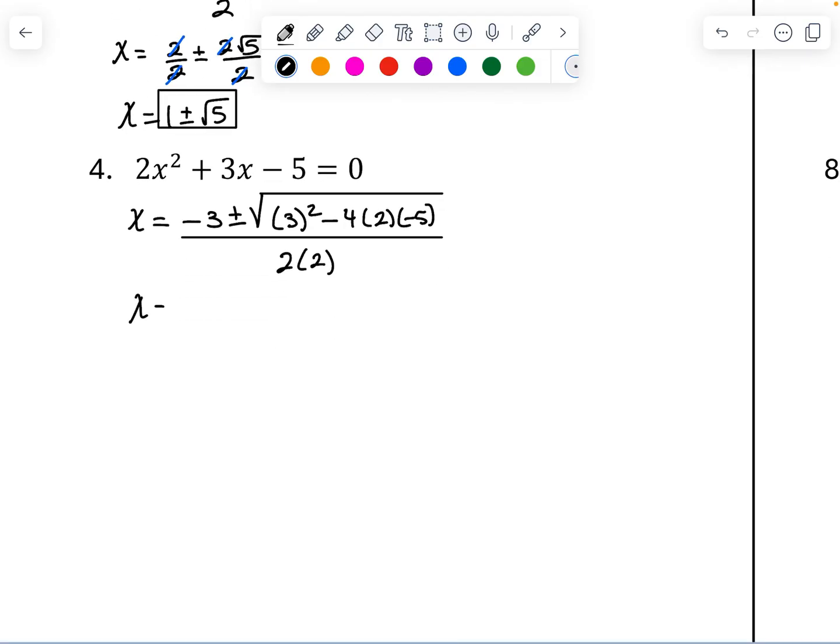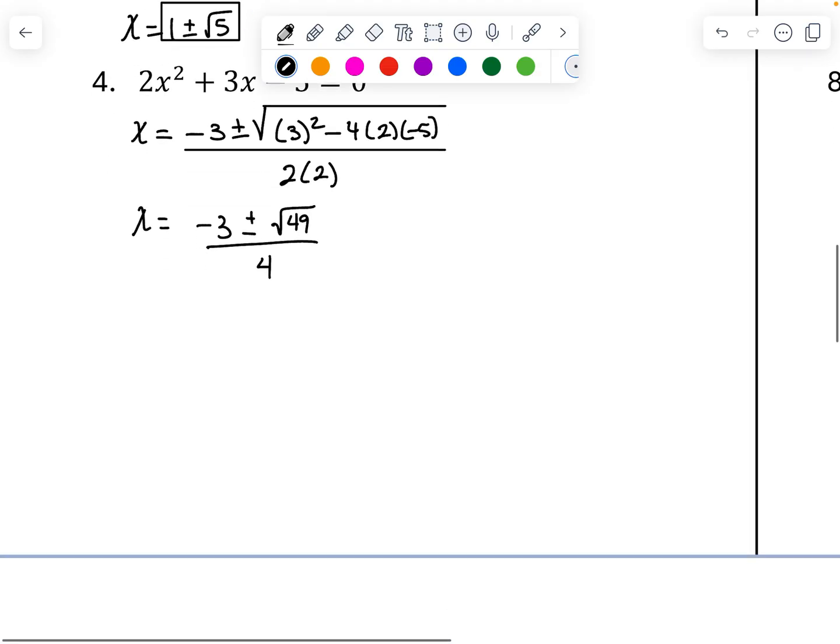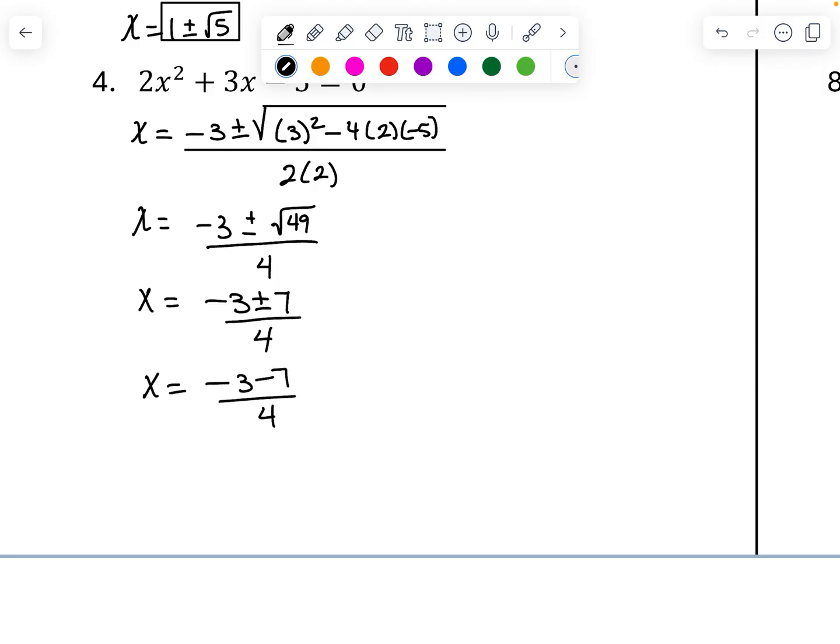So you get x equals -3 plus and minus the square root of 9 plus 49, over 4, which would be x equals -3 plus and minus 7 over 4, which is x equals -3 minus 7 over 4, and x equals -3 plus 7 over 4.